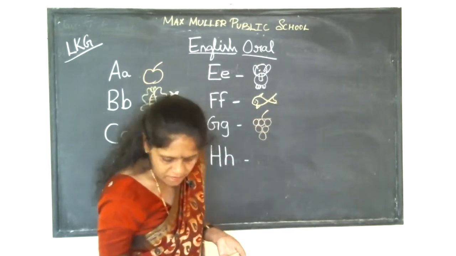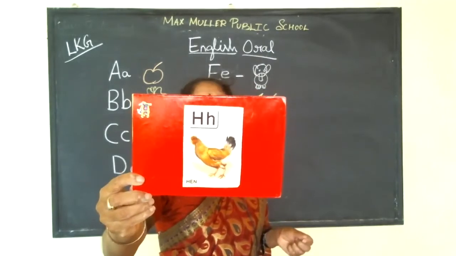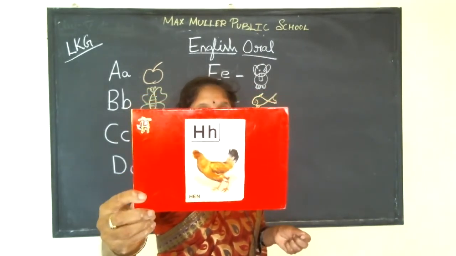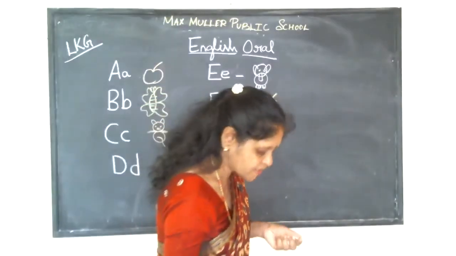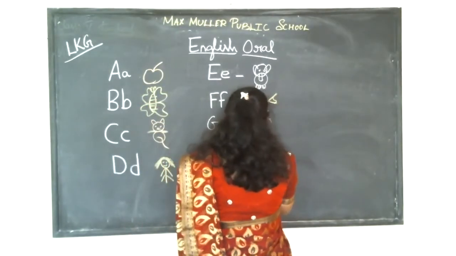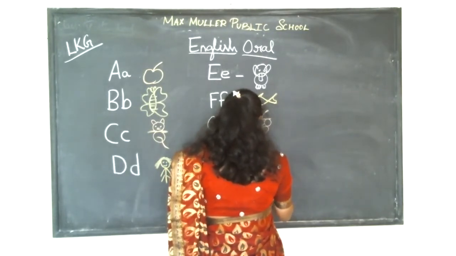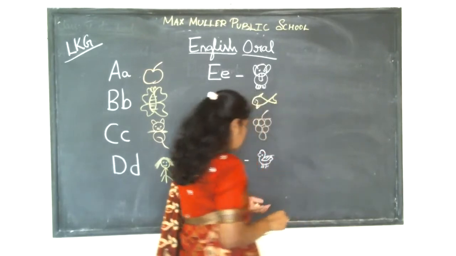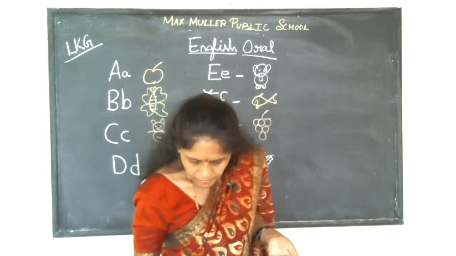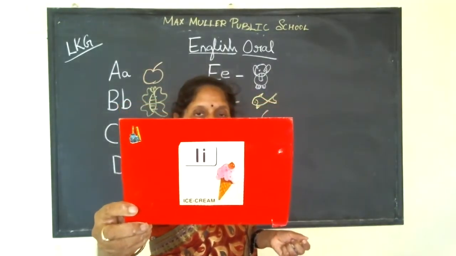H for, which is this? H for hen. Capital H, small h. H for hen.